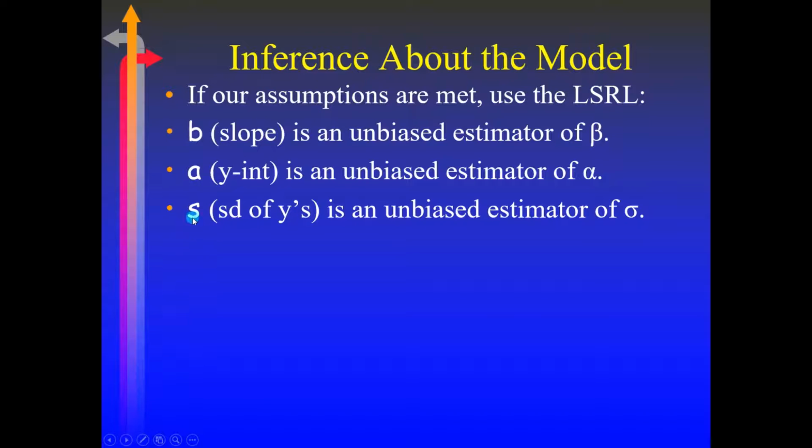S is the standard deviation of the y's, and if that's consistent throughout the scatter plot, then it's an unbiased estimator of sigma, the true population value. Do you remember when we calculated standard deviation of a data set, and we said that it was the average of the spread of the values around the mean in a univariate data set?